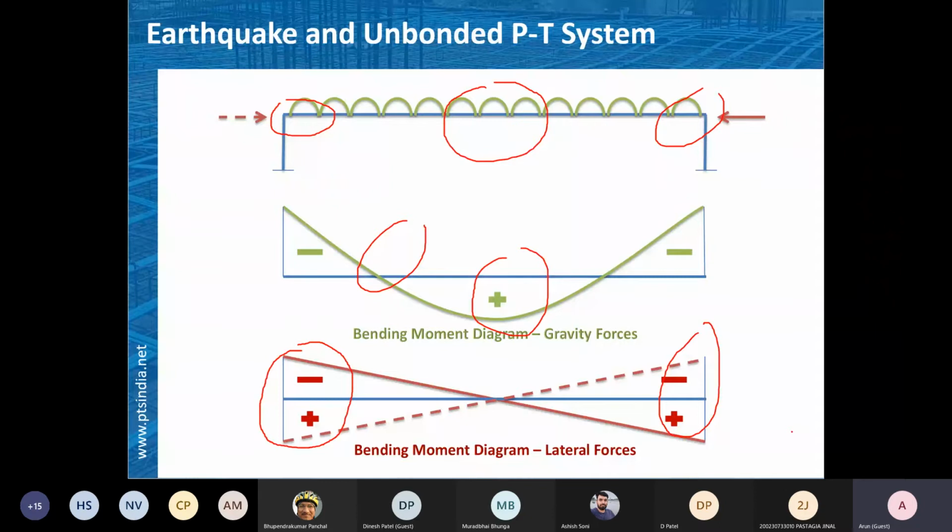So self-weight is the more governing force, and generally in large span structures, beyond 40, 50, 60 feet span of beam, gravity governs with respect to lateral. Lateral will not govern the design; gravity governs if the beam size is large.